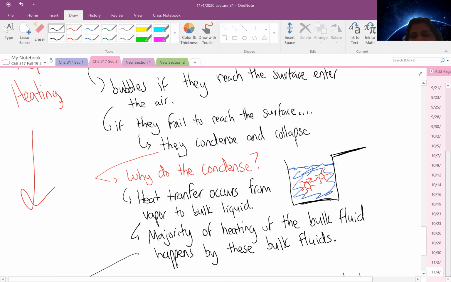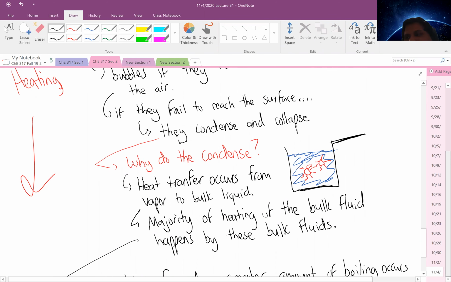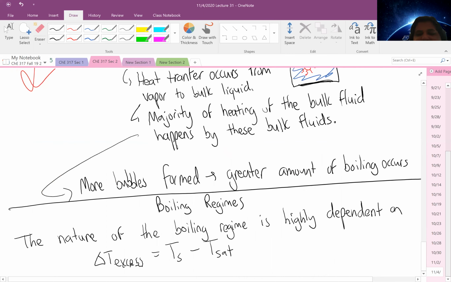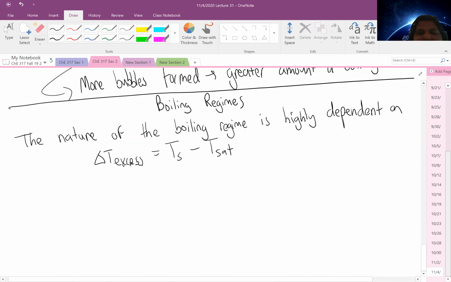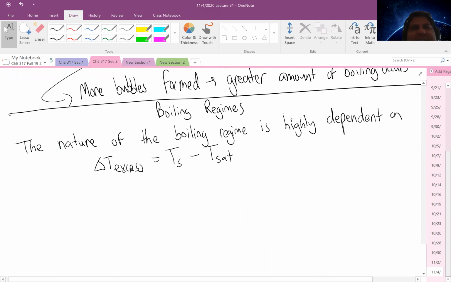Because you have to consider, in the system, heat is being added to that surface by an external source. And as the bulk temperature increases, the heat transfer from that surface to the liquid is going to decrease enough such that the temperature of that surface itself is going to increase. And so as we move through these boiling regimes, the temperature of the surface in relation to the saturation temperature is going to increase.